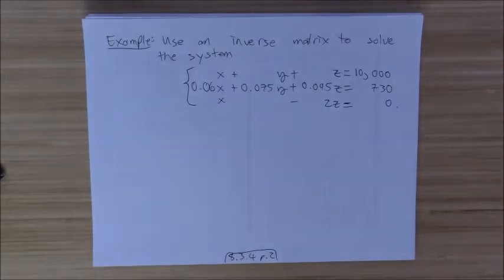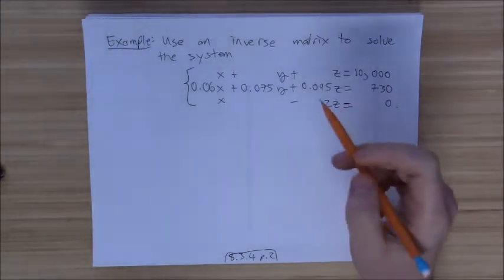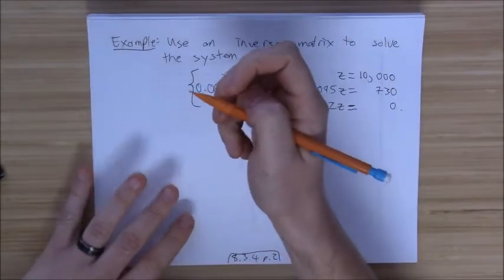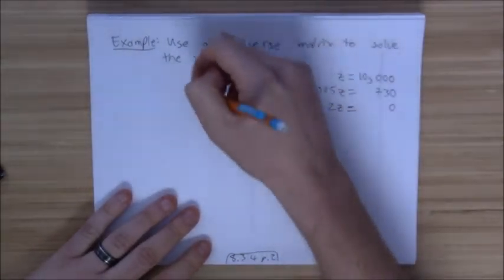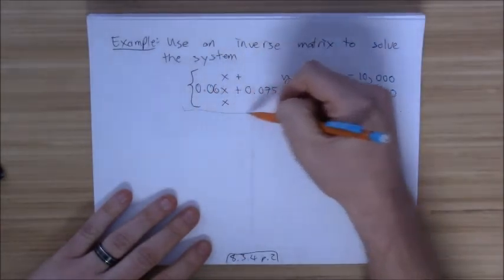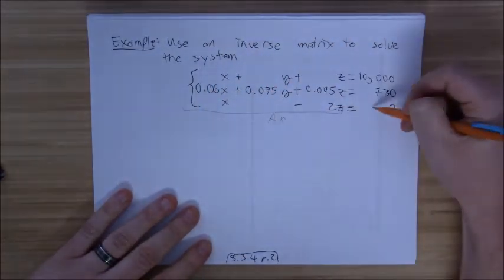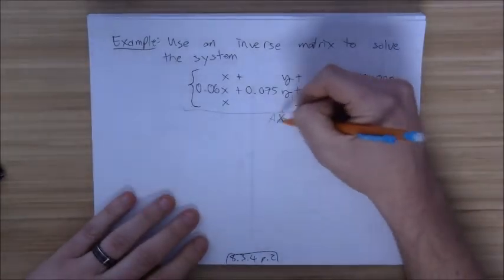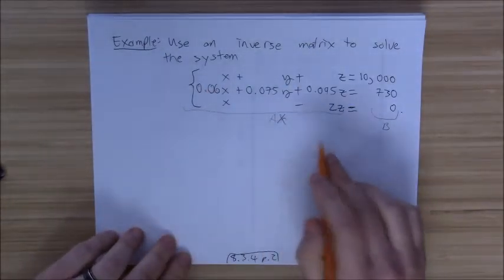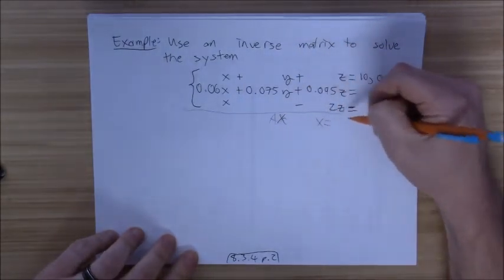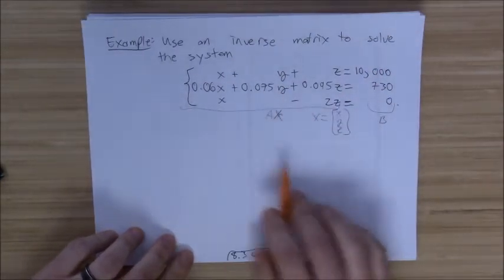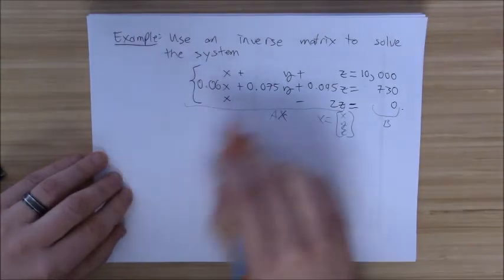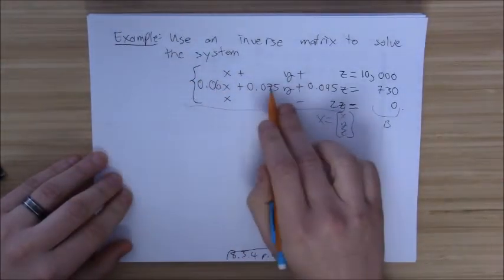So for example, let's use an inverse matrix to solve the following. I'm going to write out what the matrix is and then find its inverse. We can rewrite this as AX equals B, where X would be the column matrix X, Y, Z. A would be 1, 1, 1.